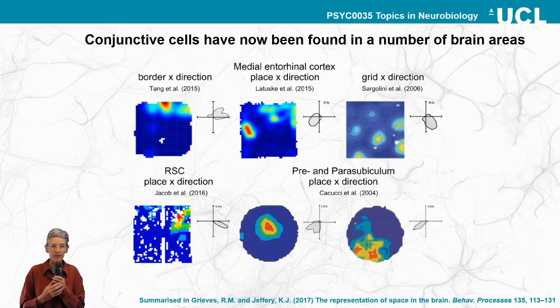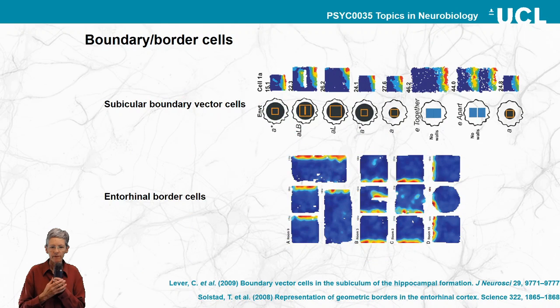Conjunctive cells are not just found in medial entorhinal cortex, but also they've been found in a number of other brain areas. For example, you can see border by direction cells, grid by direction cells, place by direction cells in retrosplenial cortex, and so on. So conjunctive coding is looking like it might be quite a general property of brain processing.